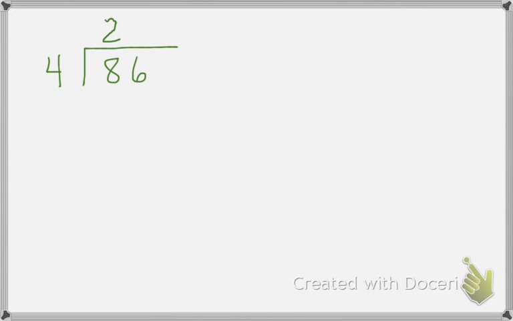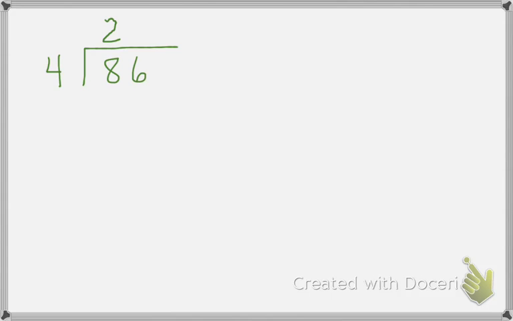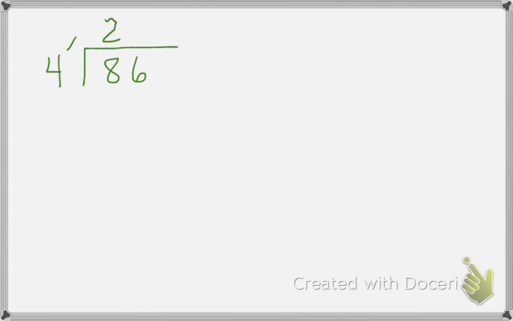The next thing we're going to do is figure out how many of our tens we use. So we used 2, 4, 6, 8. Another way of saying that is 2 times 4 is 8.